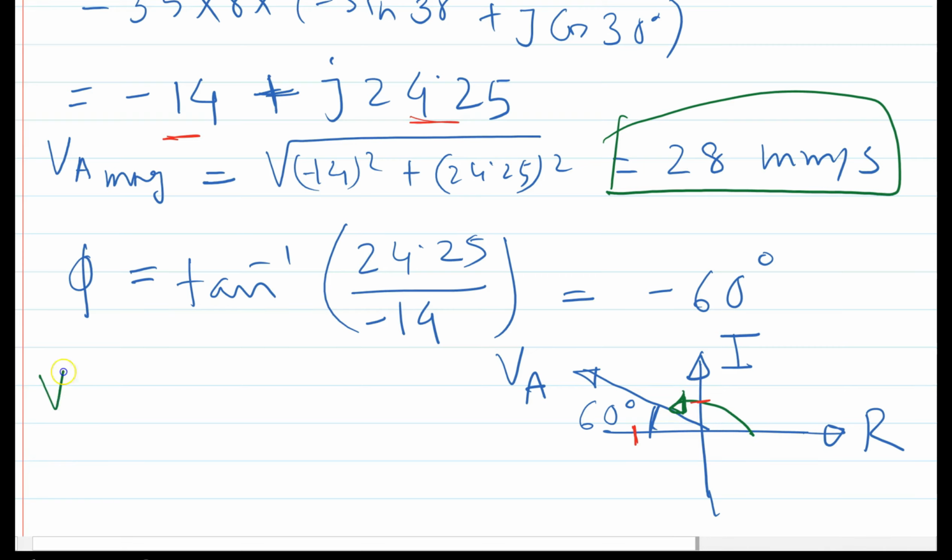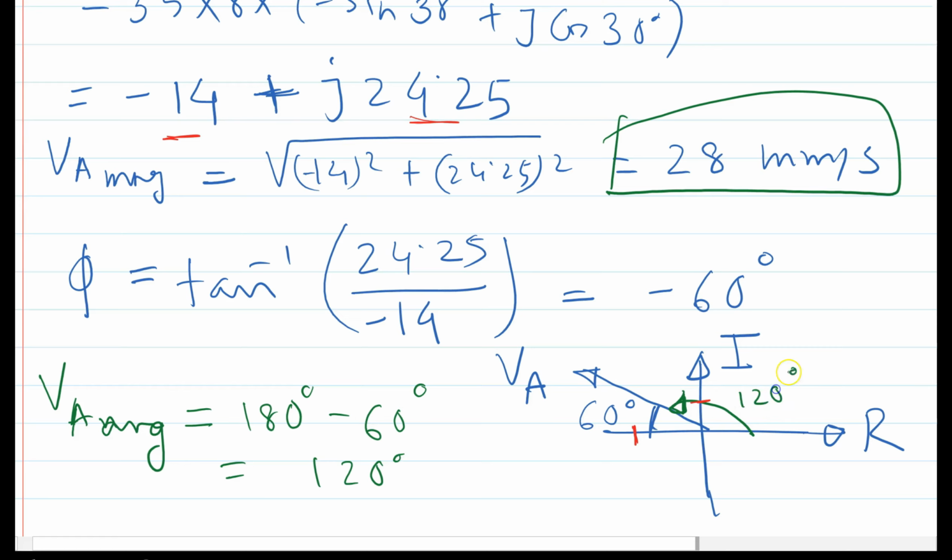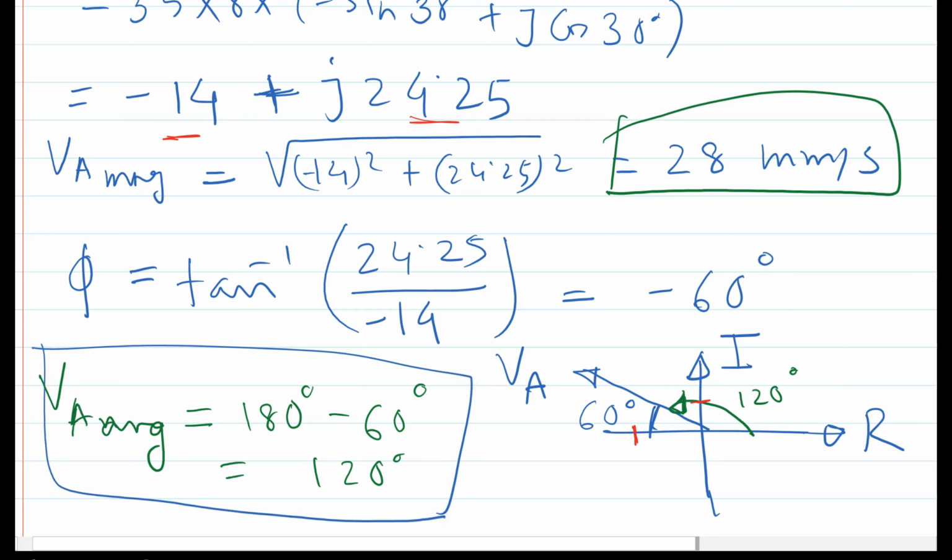So our angle for the linear velocity at pin joint A would be 180 degrees minus 60, which gives us 120 degrees. This is our 120 degrees, and that is our other answer for linear velocity at pin joint A.